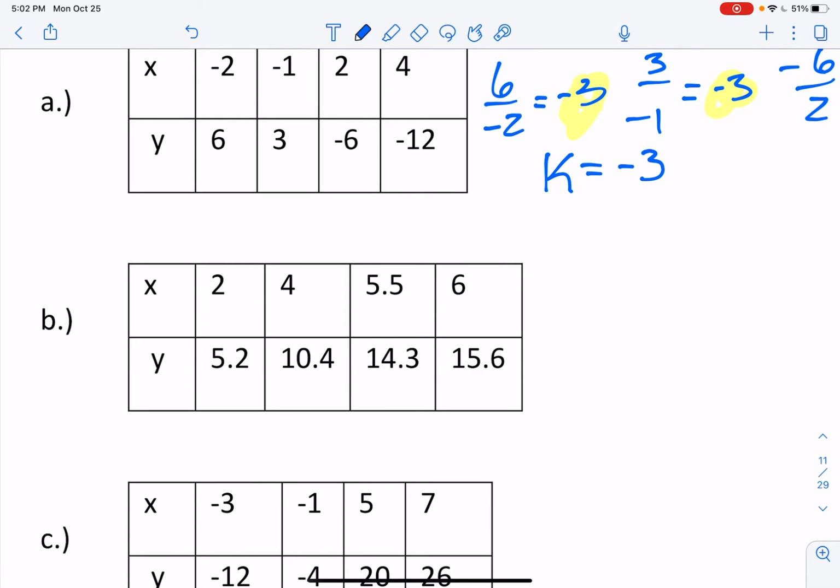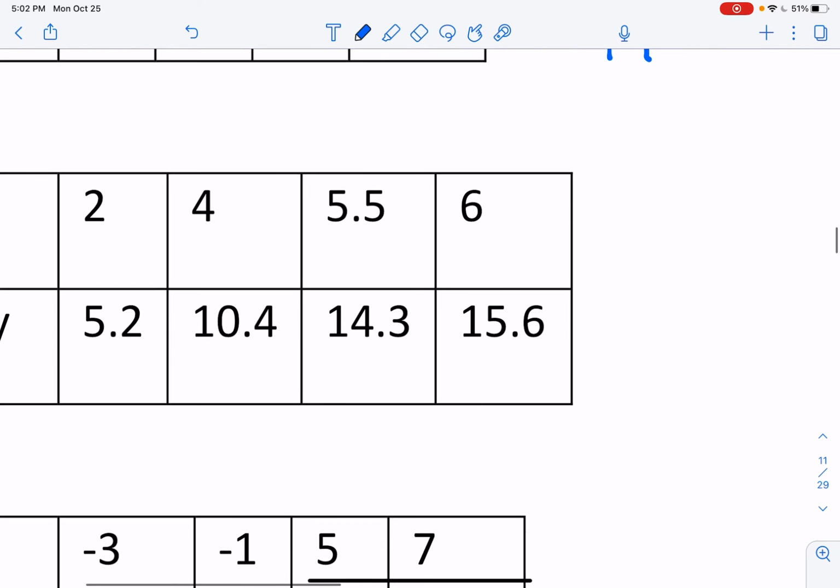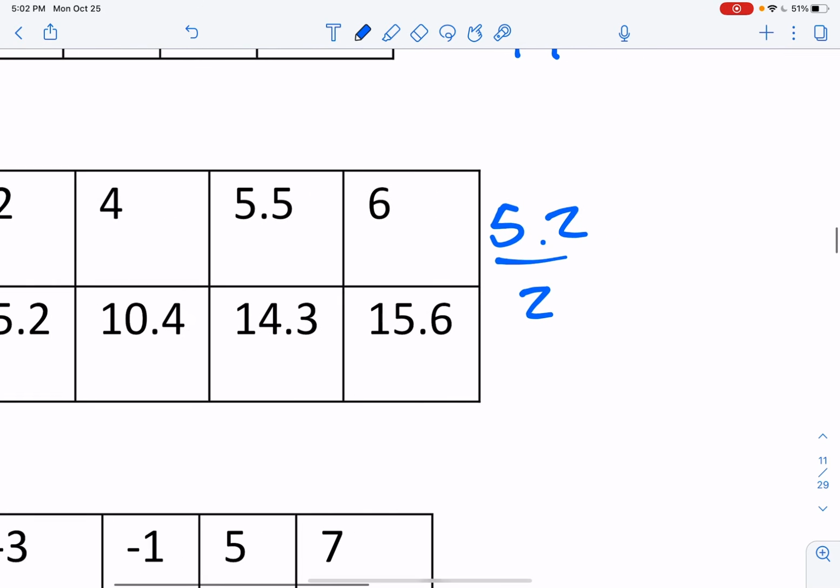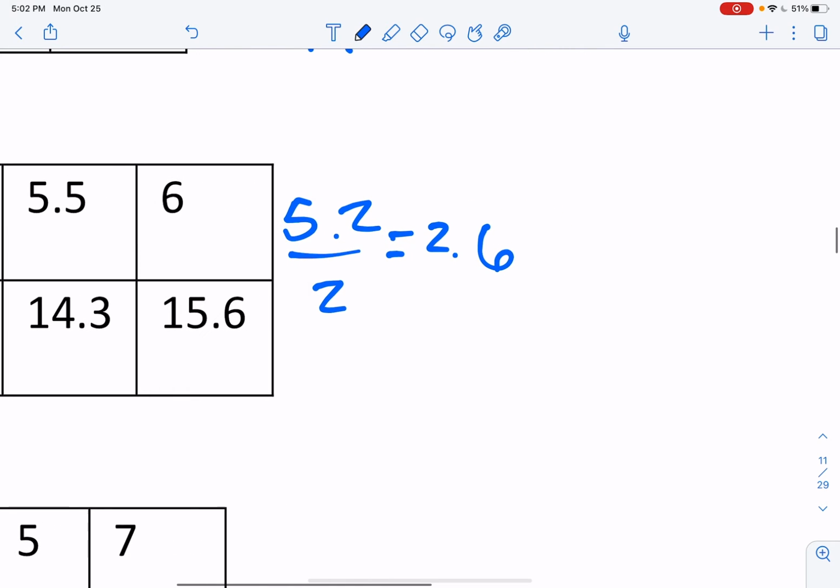Okay. In this one, 5.2 divided by 2 is 2.6. And 10.4 divided by 4 is also 2.6.